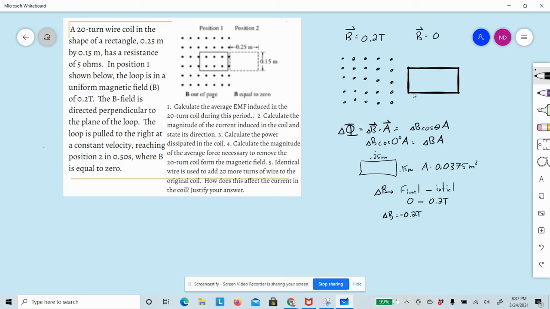So we can figure out the change in the magnetic flux, delta phi.